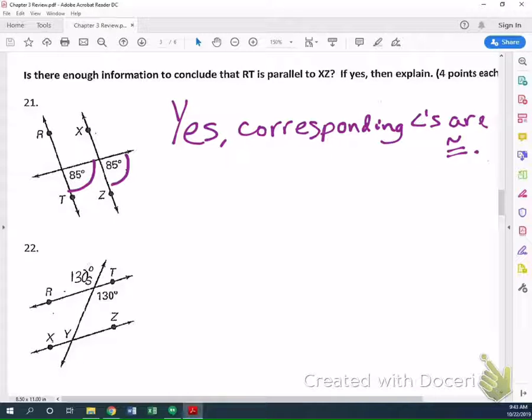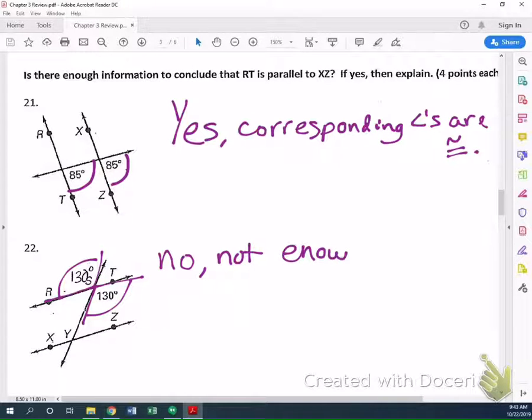All right, and then number 22. What type of angles are these? Alternate exterior? No. Those are the things that you have to say. Vertical. These are actually vertical angles. Do vertical angles tell us anything about parallel lines? No, so this one actually has not enough information.